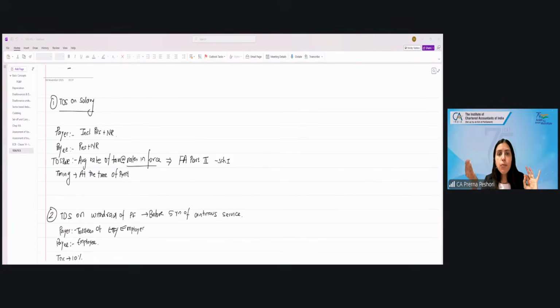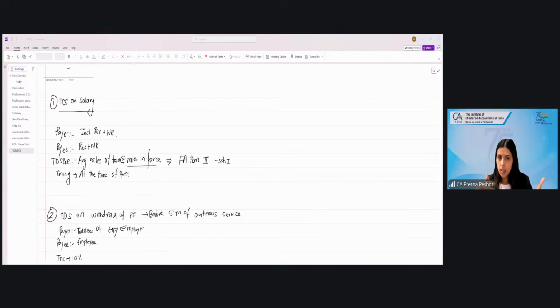So what will be the proof for HRA? They have to obtain the name, address and PAN of the landlord if the rent paid is more than 1 lakh.